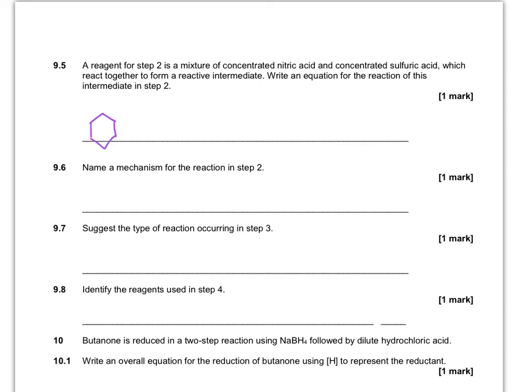So this is what the nitronium ion is going to react with. There's our nitronium ion, which it's not asked us how we make it, it's just told us it's been made from nitric acid and concentrated sulfuric acid. So it's expecting you to know that that is the reactive intermediate.